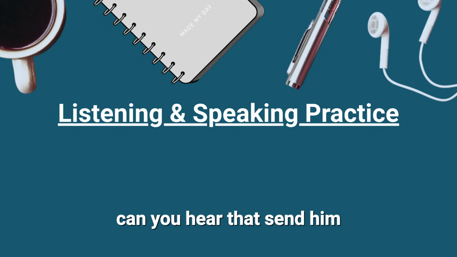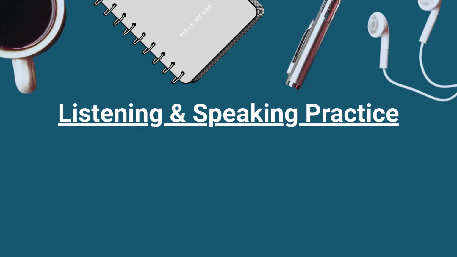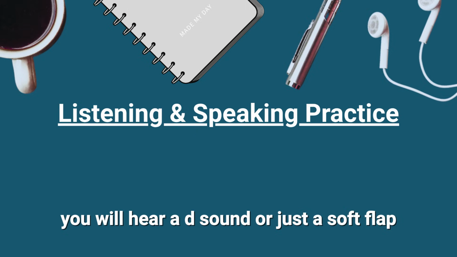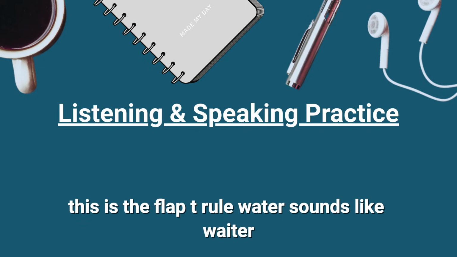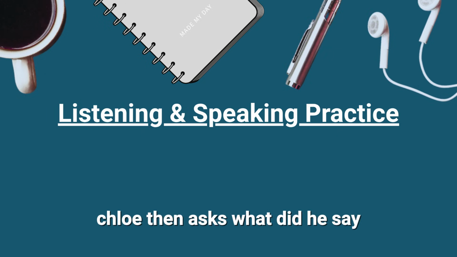Can you hear that? "Send him." It is much softer than "sent him." If you are listening for the sharp T, you won't find it. You will hear a D sound or just a soft flap. This is the flap T rule. "Water" sounds like "wader." "Better" sounds like "bedder." "Letter" sounds like "ledder."